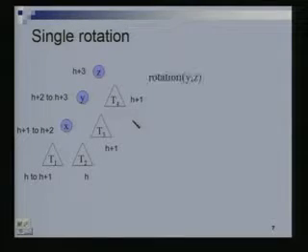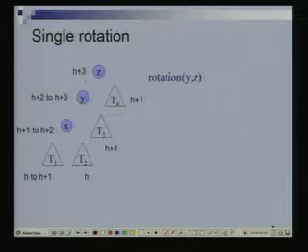Now, we are going to do a rotation around this pair yz. So, what does rotation do? Rotation is going to rotate this, so that y is now going to become the parent of z. Is that clear to everyone?